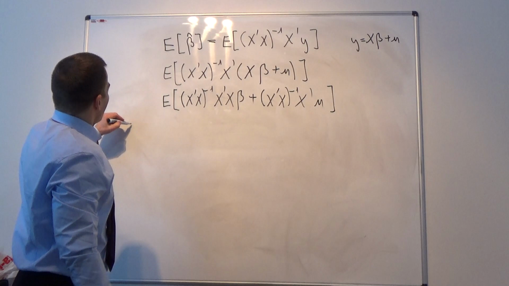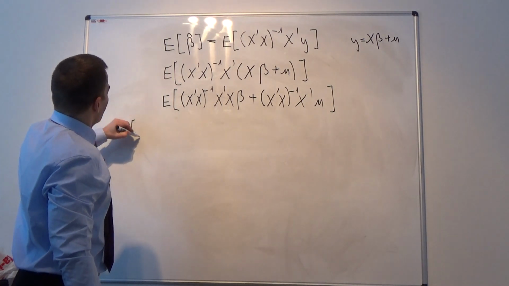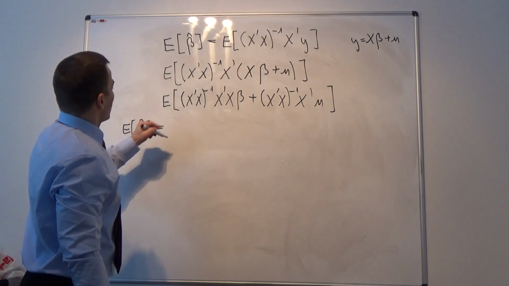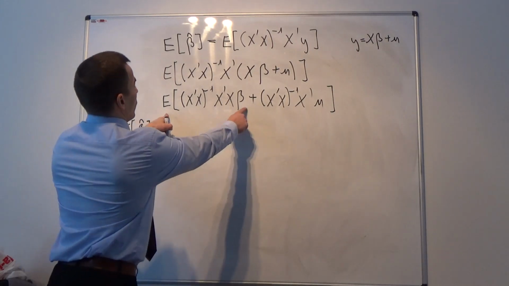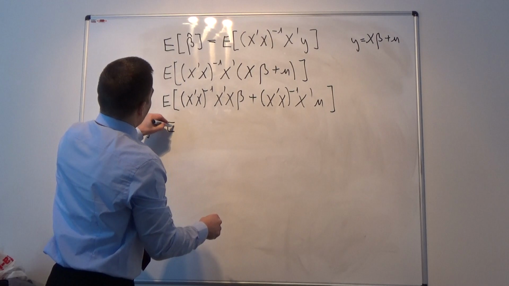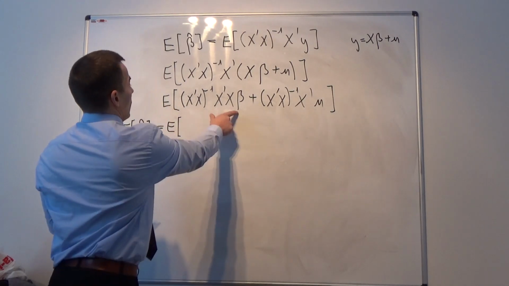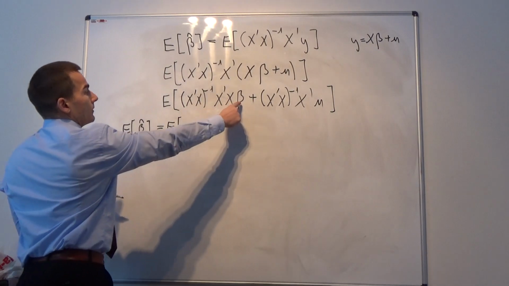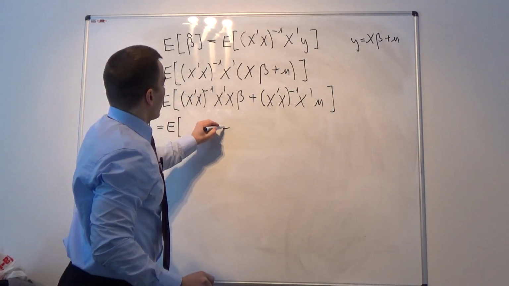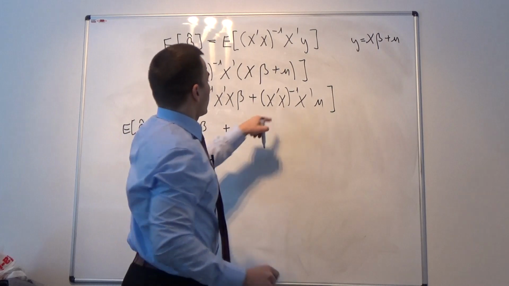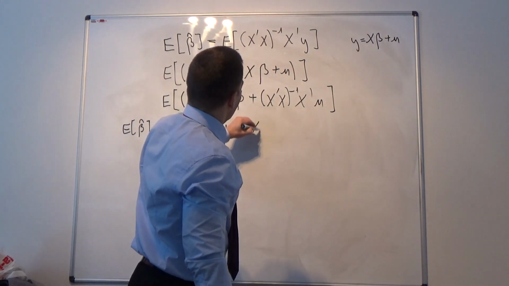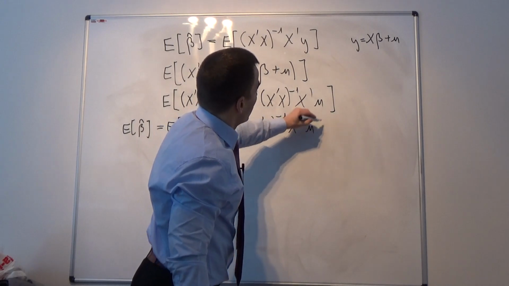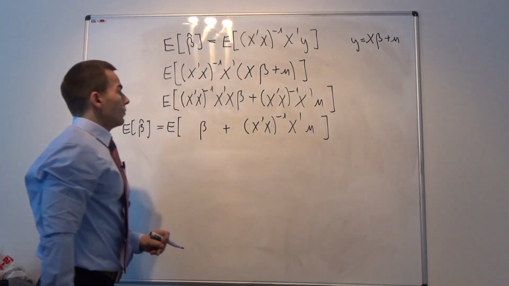So the expectation of our beta hat is equal to the expectation of beta, since this becomes the identity matrix, plus the second term, X transposed X inverted X transposed times u.